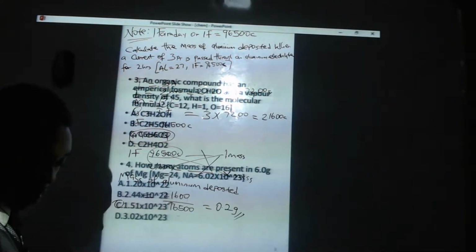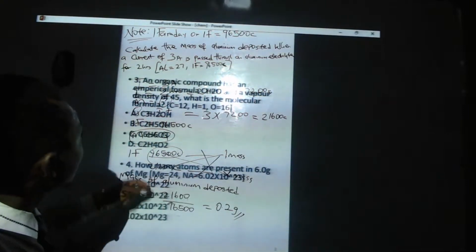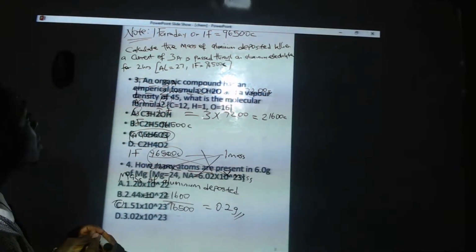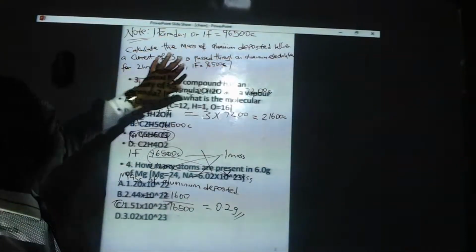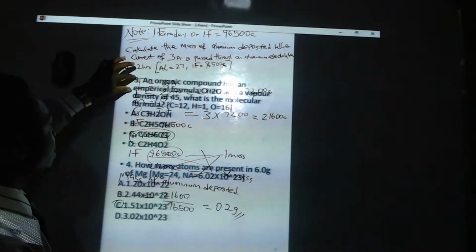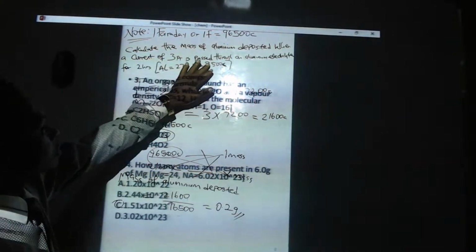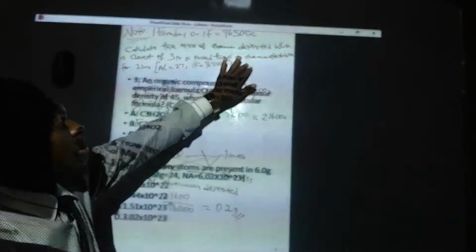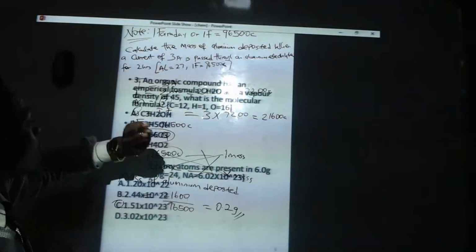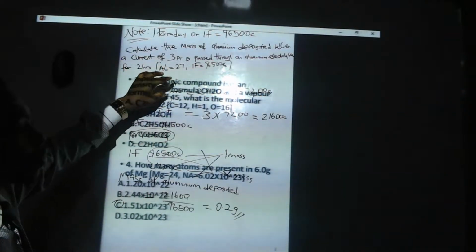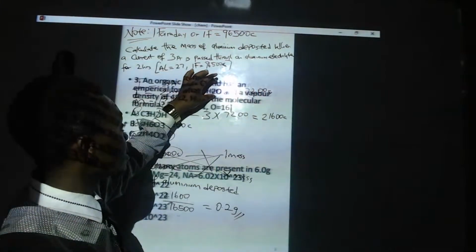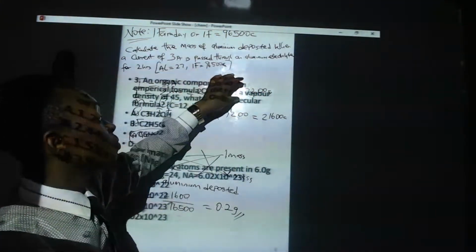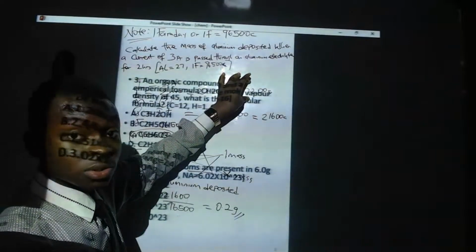Now let's go back to how it was solved. They say calculate the mass of aluminium deposited when a current of 3 amps is passed through an aluminium electrolyte for 2 hours. You write down your parameters. Your time is 2 hours, you convert it to seconds by multiplying by 60 by 60, which gives you 7200.